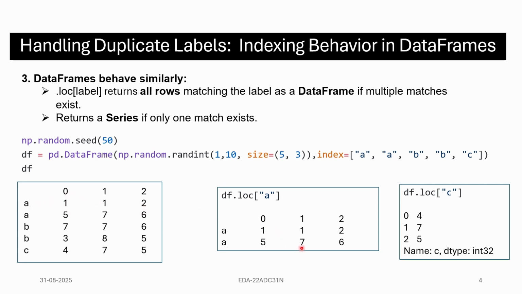So this is the result. Here df.loc of A is returning a data frame, whereas df.loc of C is returning a series object. That means the return type varies based on whether that particular label is repeated or unique.